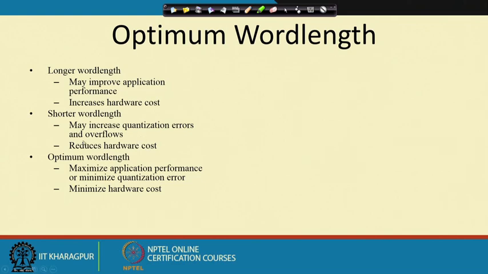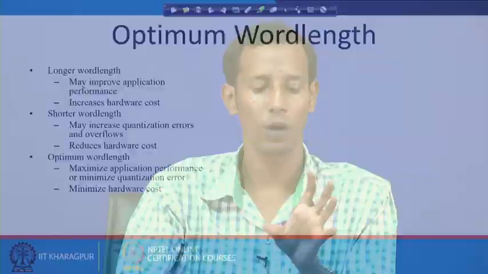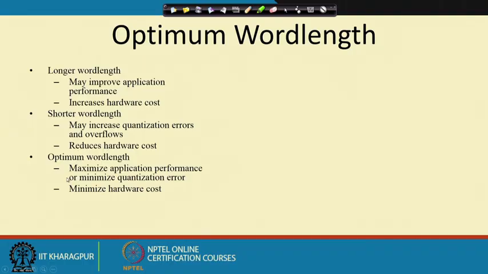So, for shorter word length you will accumulate more quantization error and overflow will also occur. That is why I need one optimum choice for the word length by which I can minimize the hardware cost as well as maximize the application performance or minimize the quantization error. So, to get all the benefits, I have to find out the optimum word length.